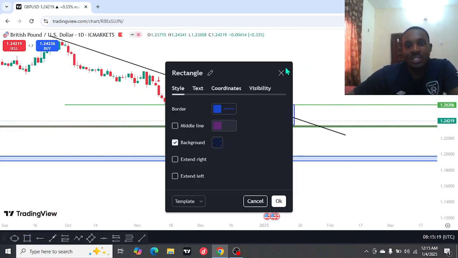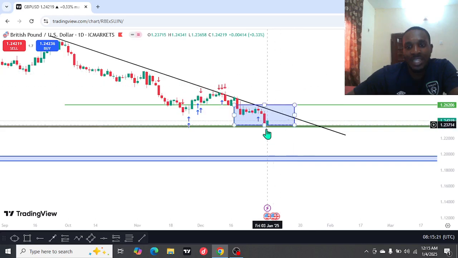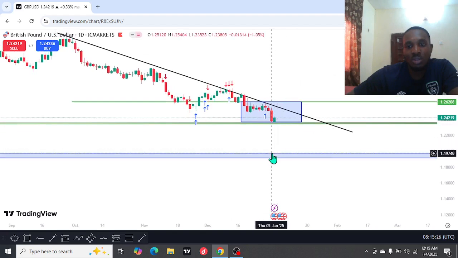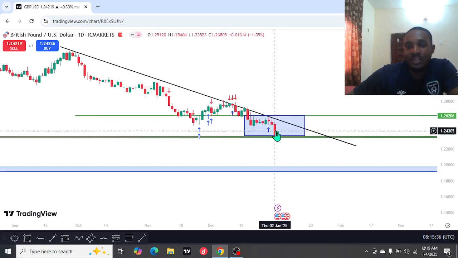Once I see a daily candle close below this level, then the price is coming to touch this support. This is where I'm going to be selling. To confirm a reversal pattern, I need to see a daily candle close. Mind you, this is a higher time frame. If I see a daily candle close above this level, then I'll start buying.